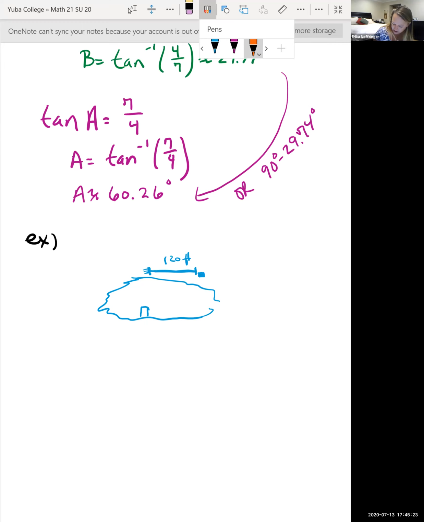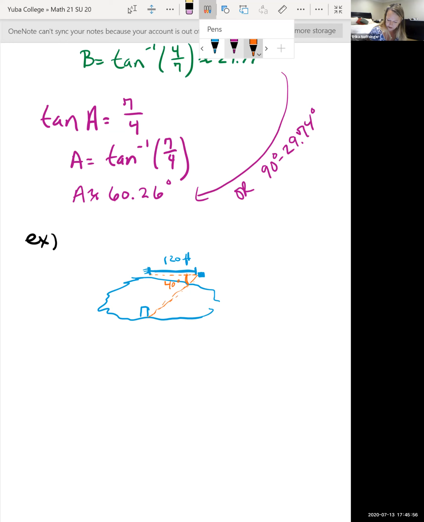Okay, so the angle between the piling and this pier is 40 degrees. What is the distance between the piling and the pier to the nearest foot?